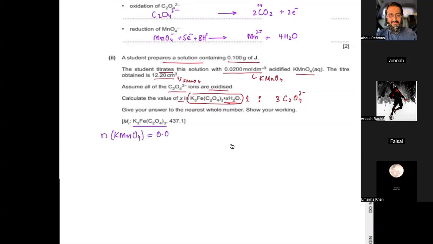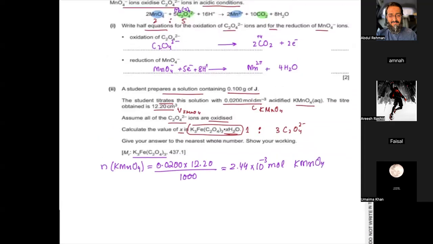So concentration is 0.0200 multiplied by volume is 12.20, which is in centimeter cube, so you divide it by 1000 to turn into dm cube. Can anyone tell me the answer, please? Okay, it is 2.44 exponent minus 3. So these are the moles of KMnO4, right?